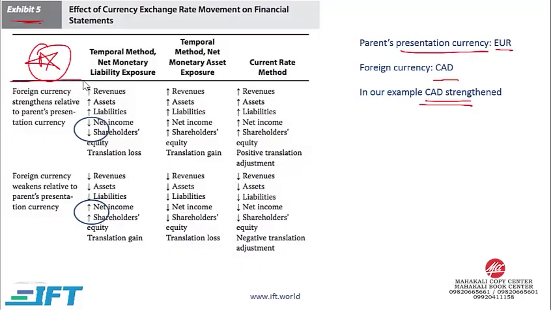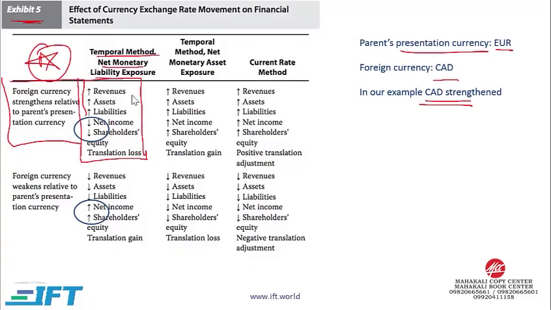So that means that this is the scenario we are dealing with. Also, when we use the temporal method, then we have a net liability exposure. So in the temporal method context, this is what we just dealt with in our example.